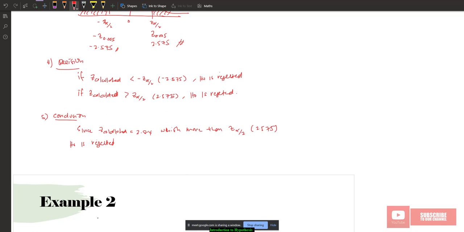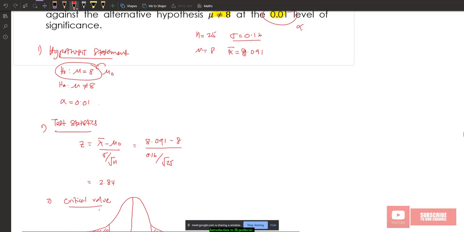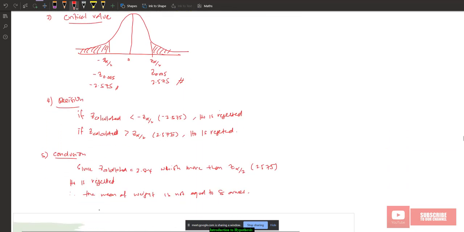Since we reject the null hypothesis, we can say that the mean of weight is not equal to 8 ounces. So this is how we construct a hypothesis test. Basically we have 5 steps.